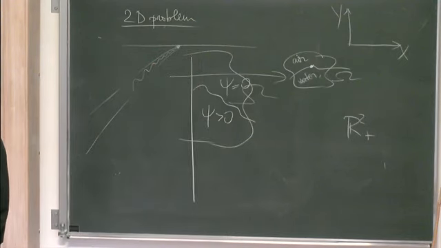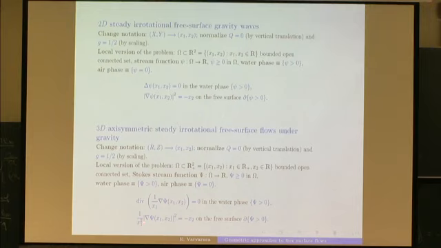And then the equation is this divergence form, and the Bernoulli condition is this. So the difference between the two problems is just this weight 1 over x1, both in the operator and in the Bernoulli condition.